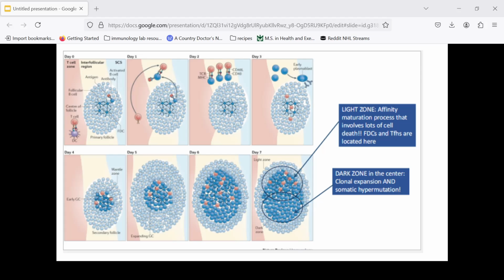We start with our B cell and our T helper cell. And then they do their thing, and our B cell is activated now. Oh, I actually have a slide for this.